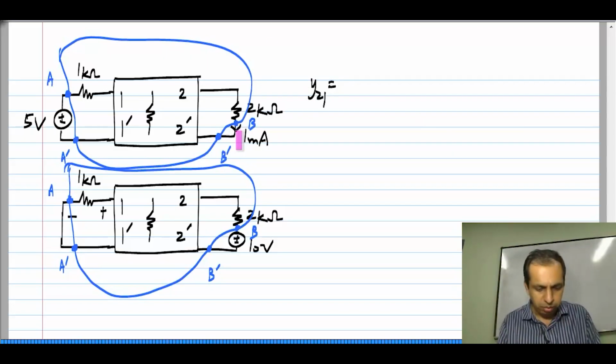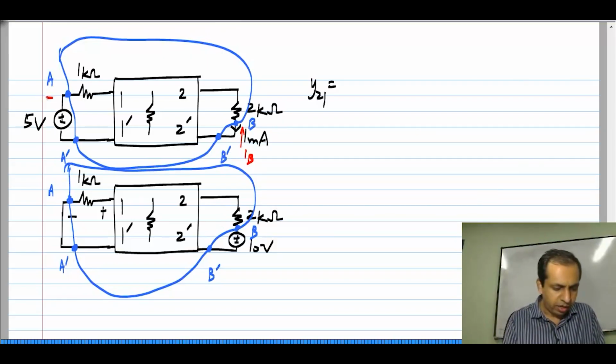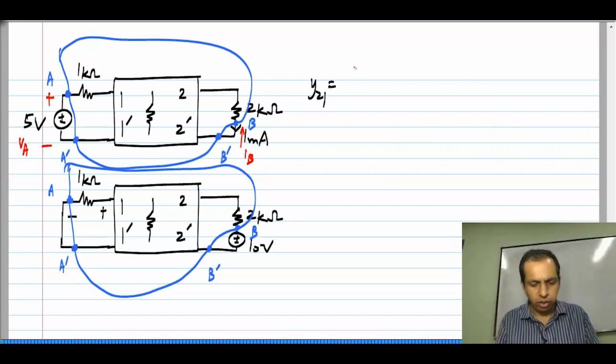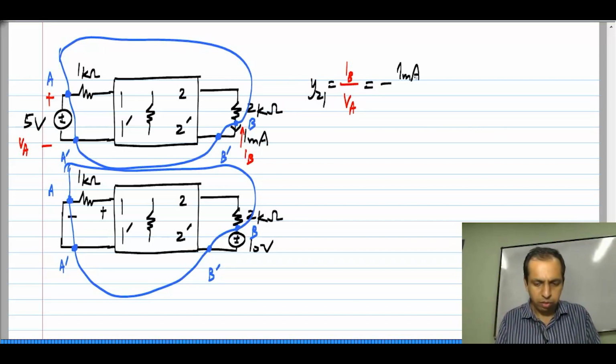It is, remember, for 2 port definitions, current IB, let me show it here, IB is defined that way, if B is over there, and this is VA applied to port A, and Y21 is nothing but IB by VA, which is minus 1 milliamp by 5 volts, because this 1 milliamp is in the opposite direction to the definition of IB. Now, what do we have in the other case?